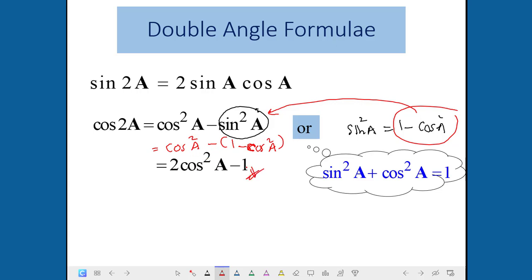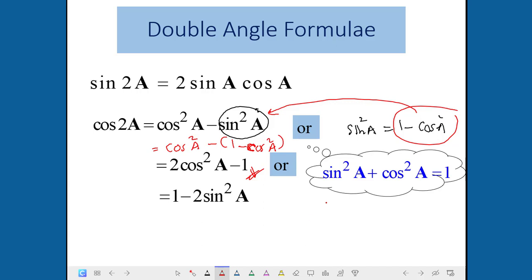Okay, that's how to derive this formula. So just remember one formula, the initial one, the compound angle: cos A plus B is equal to cos A cos B minus sin A sin B.